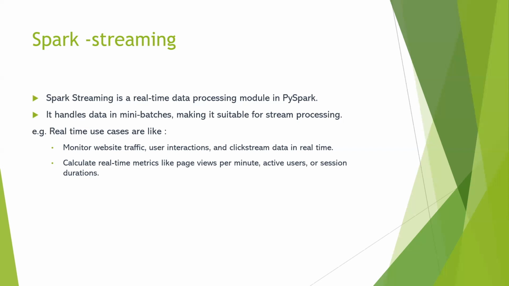For example, in real-time scenarios like share market trading, they take the data in real time, and for every website they monitor all the users and the traffic in real time. So you have to take the real-time data and analyze it. These days this is very much required for businesses.